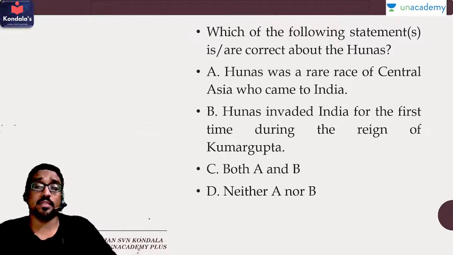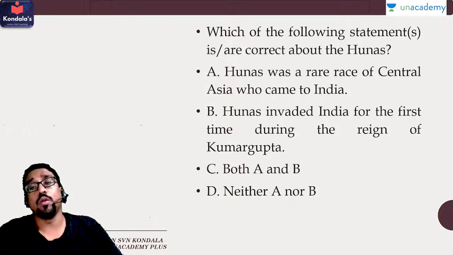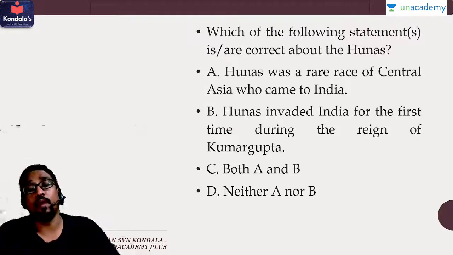Hunas are a rare race of Central Asia who came to India. Hunas invaded India for the first time during the reign of Kumaragupta.